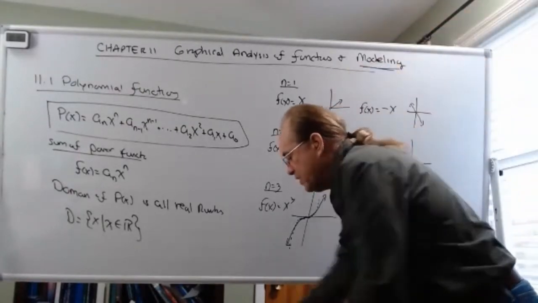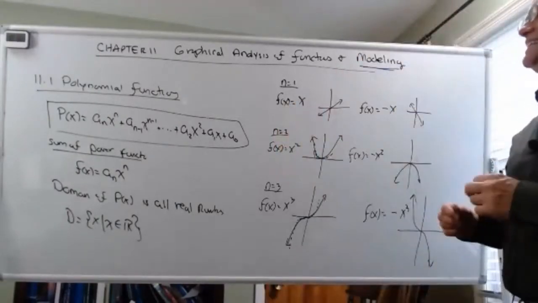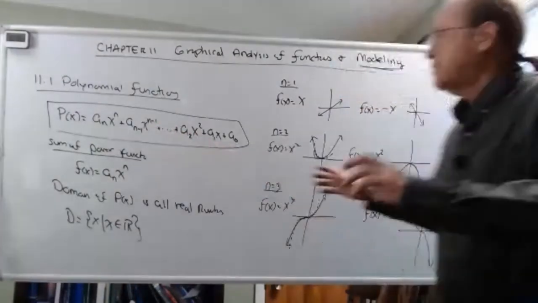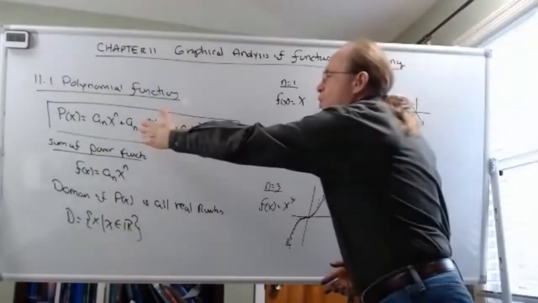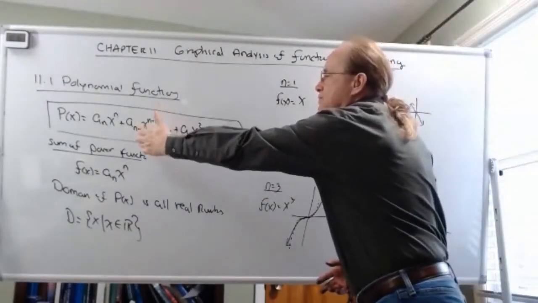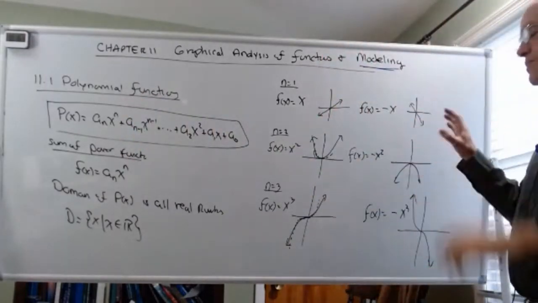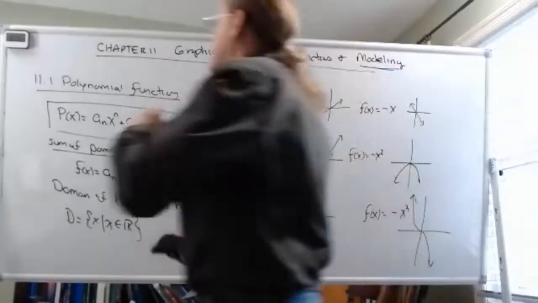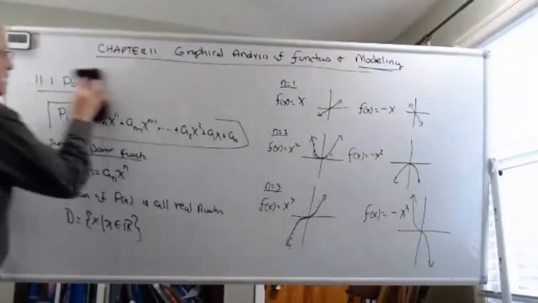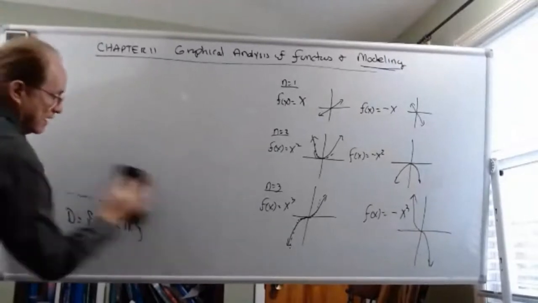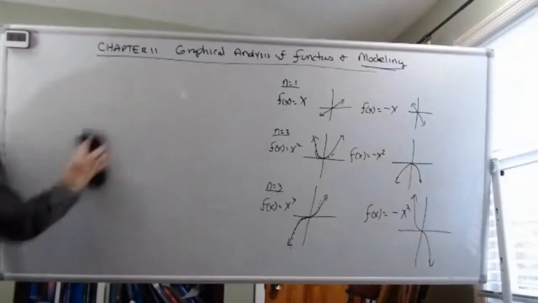So what is it that we want to address in this chapter? Well, we want to address not just the power functions, but what happens when we start adding all these power functions of lower degree than the largest degree in there. What happens to the shape of these things? So that's going to be the focus for 11.1, the overall shape of a polynomial function.